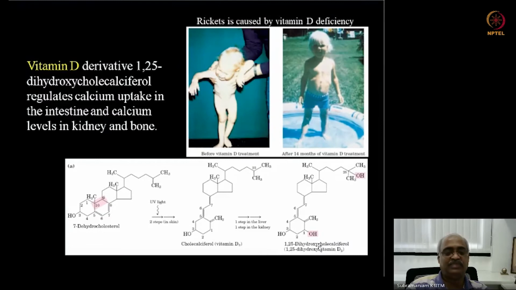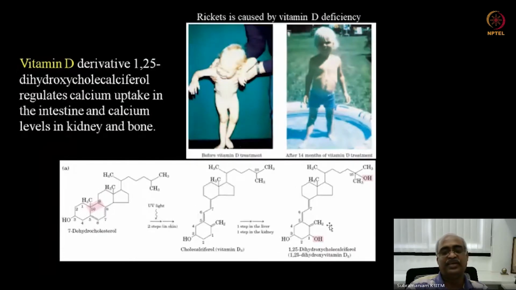This active molecule is produced from the basic structure called 7-dehydrocholesterol. This position is the one where the ring opens, and that is why it is shaded here, to create this intermediate. Then the hydroxylation leads to the active molecule.